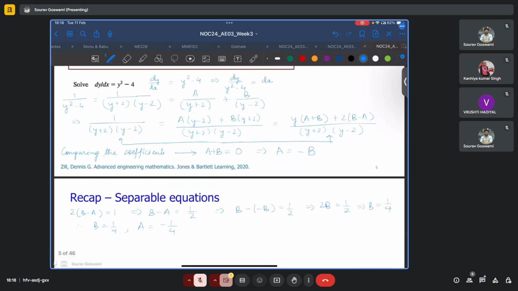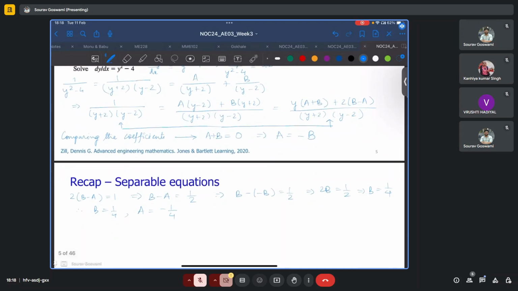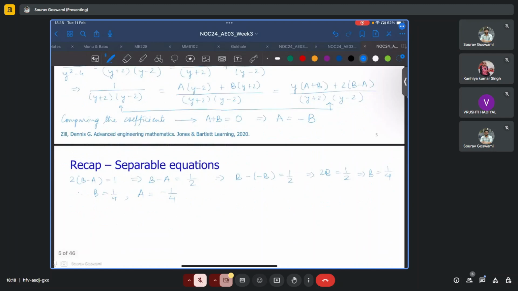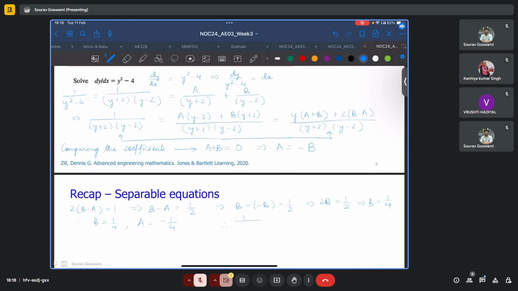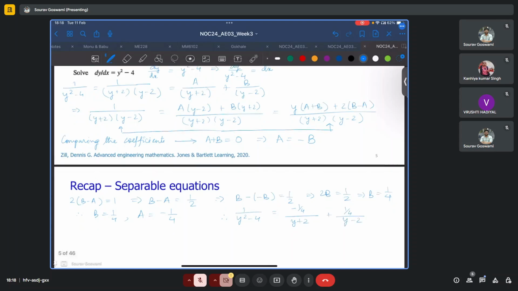And so in fact, we have factorized the LHS. Let us put it back: 1 by y square minus 4 is minus 1/4 by y plus 2 plus 1/4 by y minus 2.